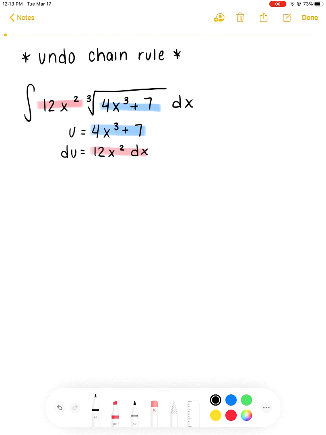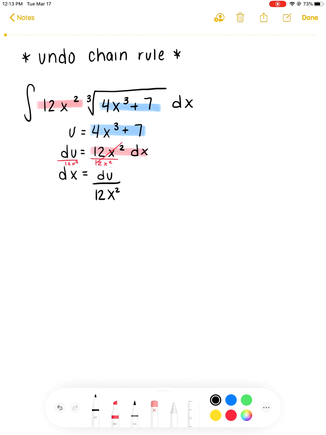Once I have done this, I'm also going to find dx, and the way I'm going to do that is I'm just going to solve this equation up here. So I'm going to divide by 12x squared on both sides so that dx ends up being all by itself. When I do that, I get dx equals du divided by 12x squared. Oops, forgot my squared up here.